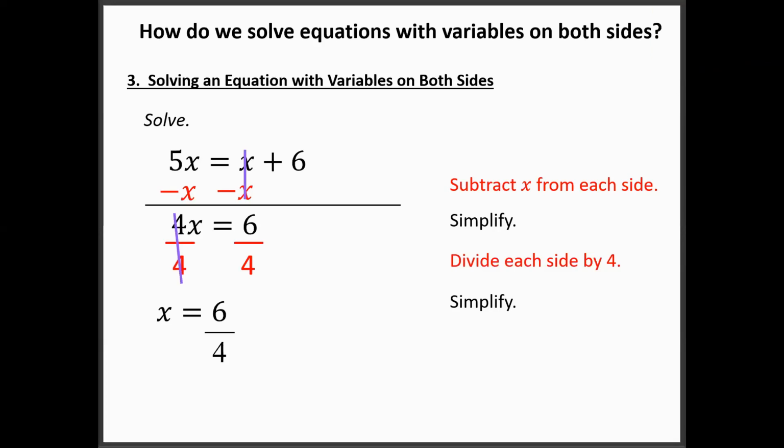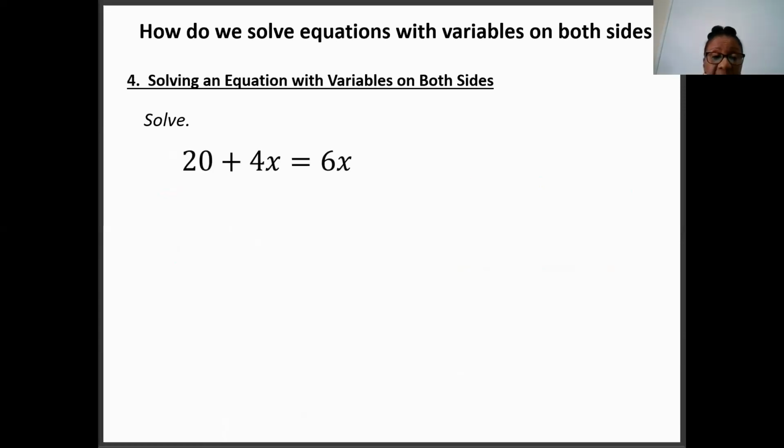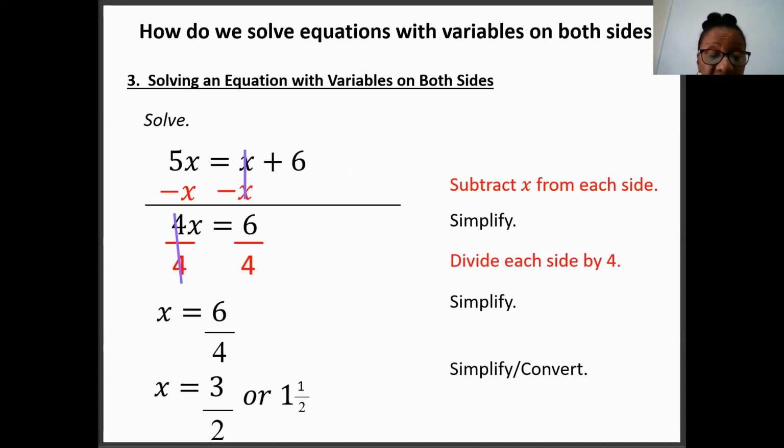So let's see, 3/2 equals 1.5. Good job. So when we simplify and we convert, we have 3 over 2, or as a mixed fraction, it is 1.5.